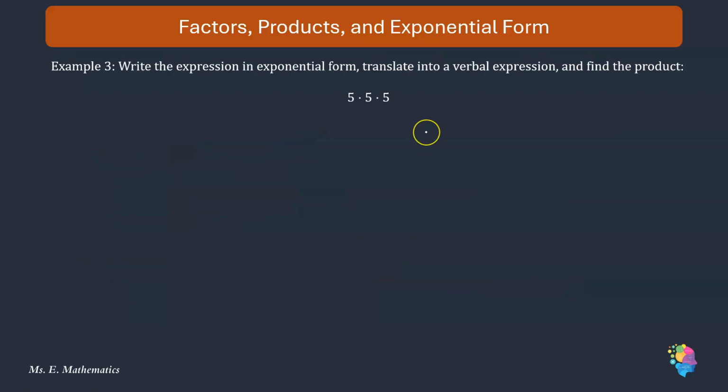So example 3 is asking us to write the expression in exponential form, translate it into a verbal expression, and then find the product. All right, so this is 5 times 5 times 5.